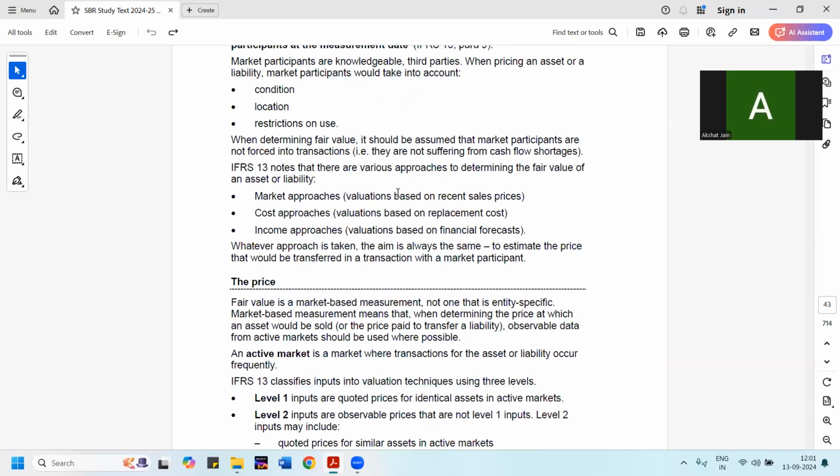There are various approaches to determining the fair value of an asset or liability. Market approaches value based on recent sale prices, cost approaches value based on replacement cost, and income approaches value based on financial forecasts.